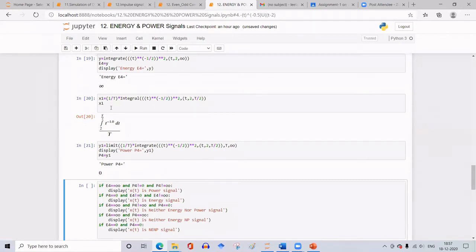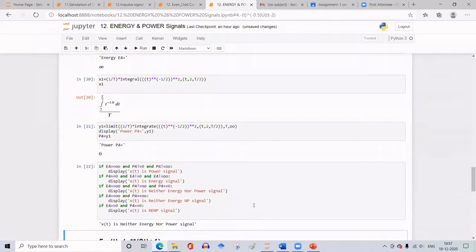If energy is infinity and power is 0, it is neither energy nor power signal. Is it not? This condition: power is 0. P4 is equal to 0 and it is not infinity, and E4 is infinity. So it is neither power nor energy signal.